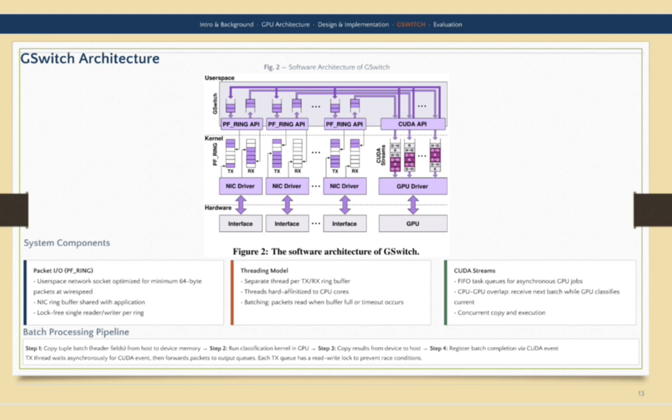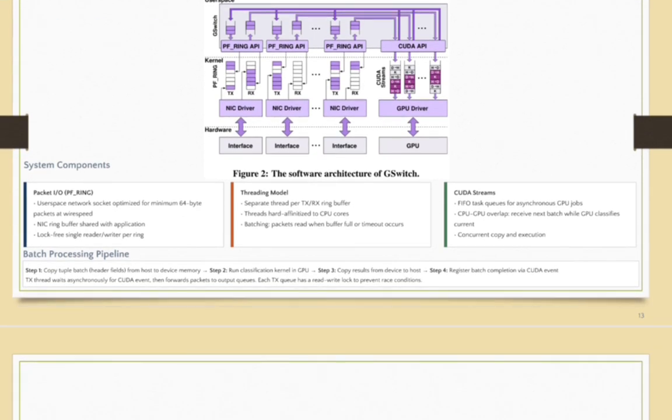The main idea is to overlap packet I/O with GPU computation, allowing the CPU and GPU to work in parallel and improve overall switch performance.